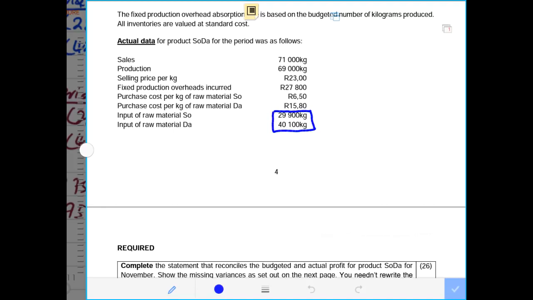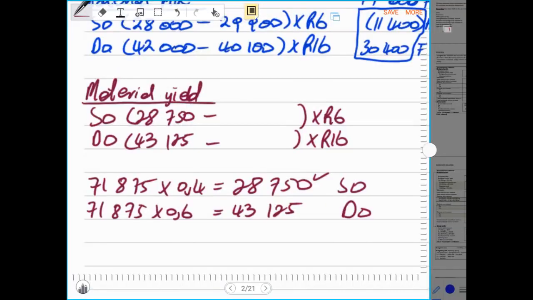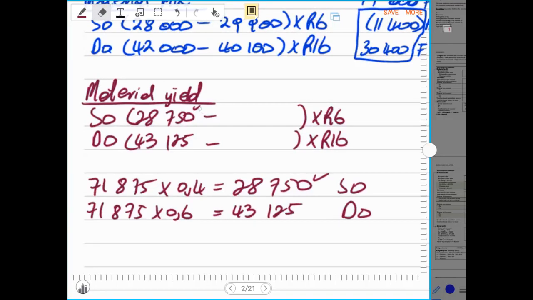So in this case we need to know our standard yield. Remember, what we just calculated is our actual yield, which was the input allowed for the actual yield, meaning what was actually introduced for the company to obtain the actual 69,000 units that they manufactured.